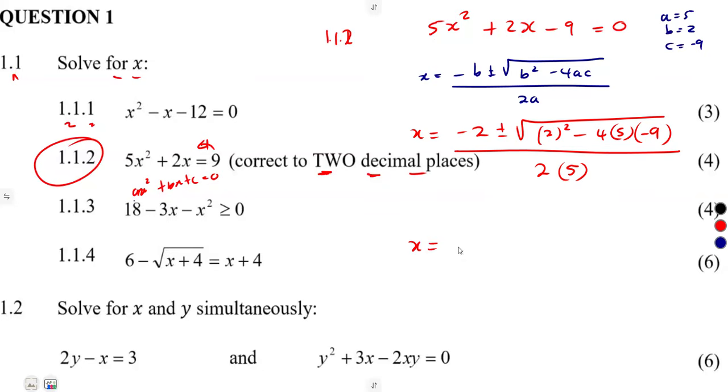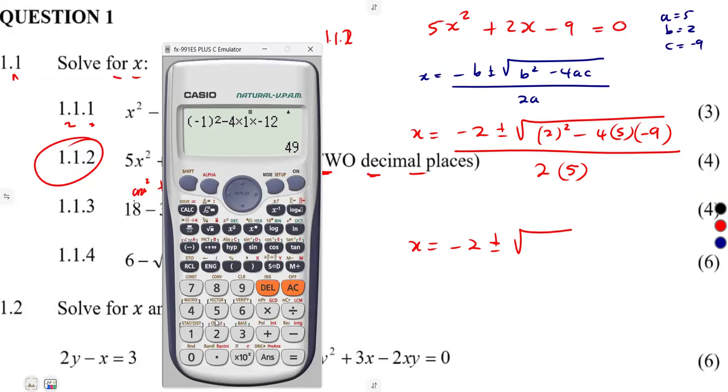So that's negative 2 plus or minus the square root of what? Simplifying these numbers under the square root, that's 2 squared. If you express it in that manner, it's not a problem at all.